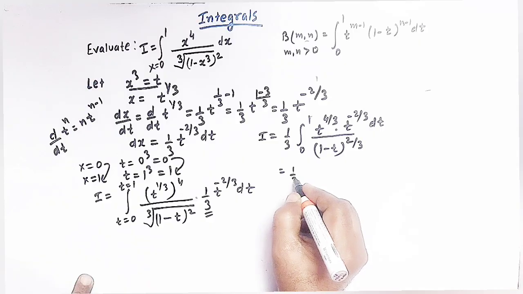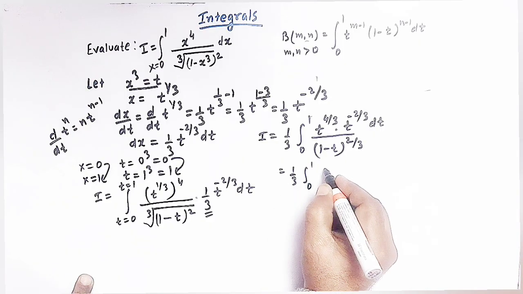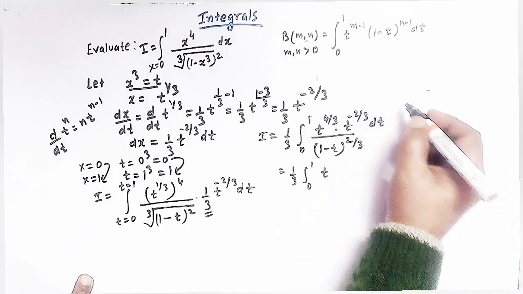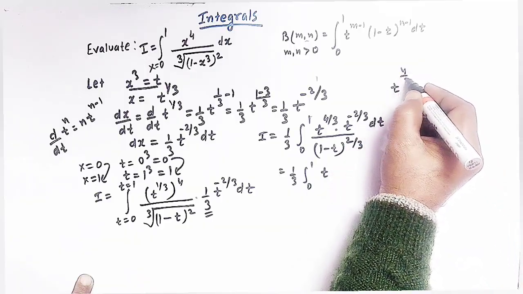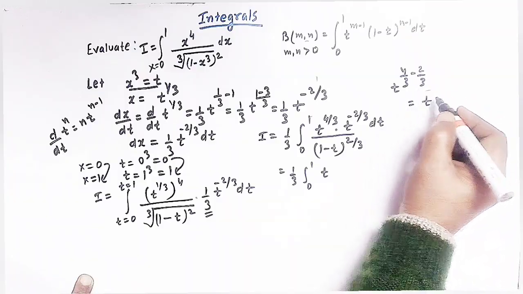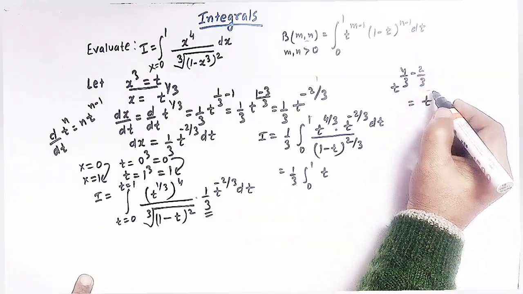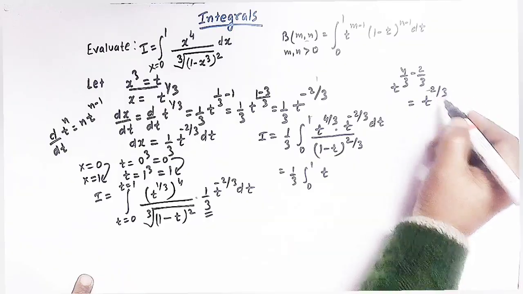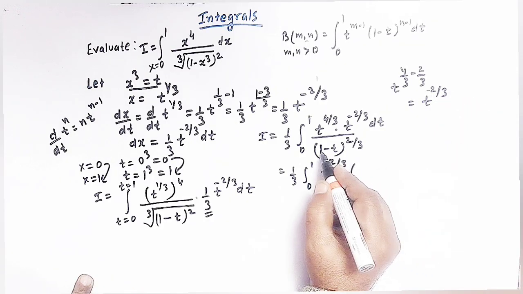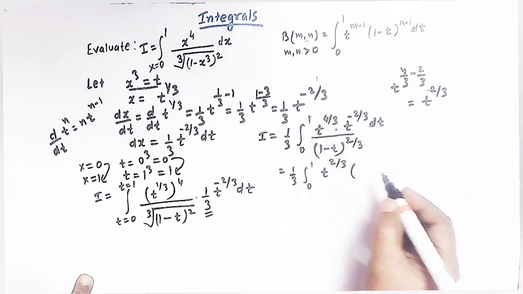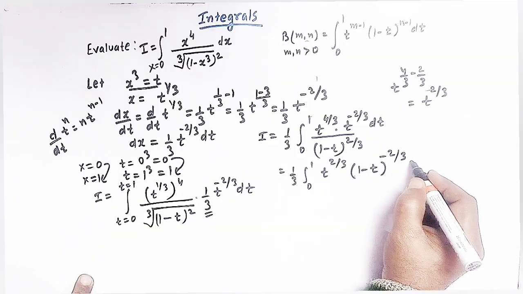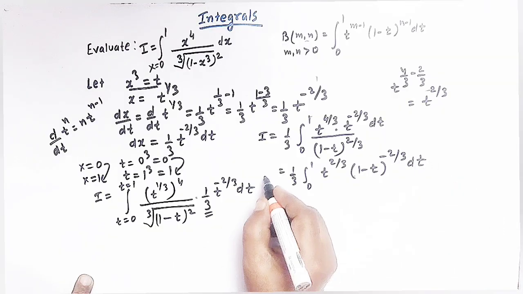So now this is 1 over 3 0 to 1, and here using the laws of exponents, we can write t raised to 4 over 3 minus 2 over 3, that is t raised to 4 minus 2 is 2, so this is t raised to 2 by 3. So here we have t raised to 2 by 3, and taking this term to the numerator we have 1 minus t raised to minus 2 over 3 dt.